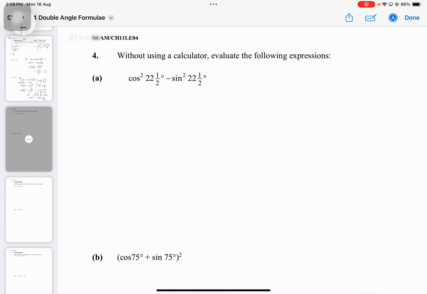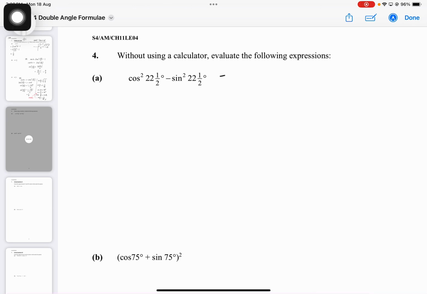Alright, without using the calculator, evaluate the following expression: cosine squared 22.5 minus sine squared 22.5. Any of the formula you can use? Which double angle can I use here? You got 5 options. Second line, you got your cosine square minus your sine square.